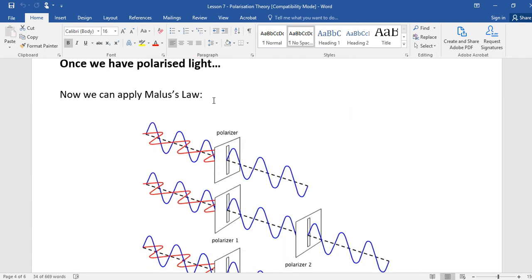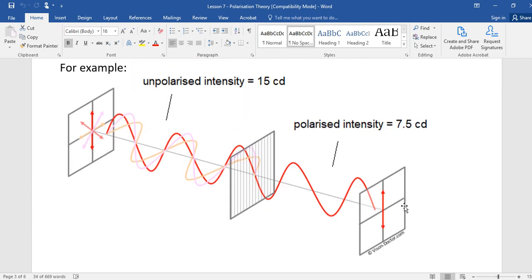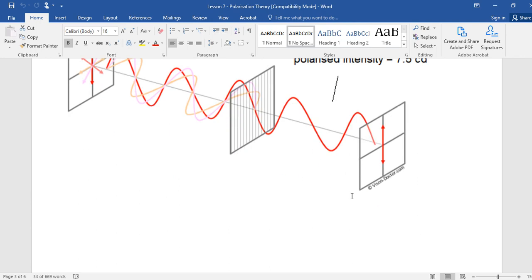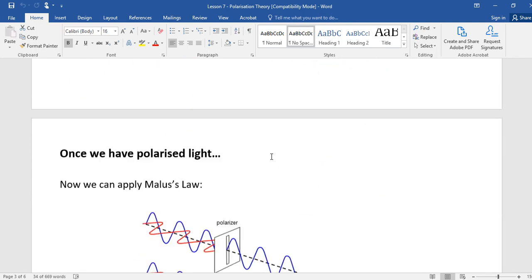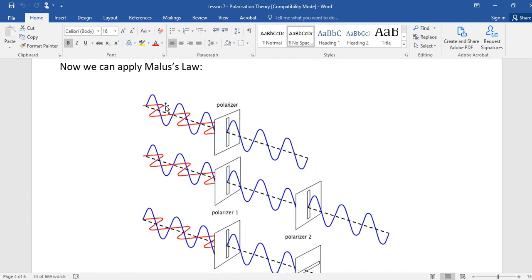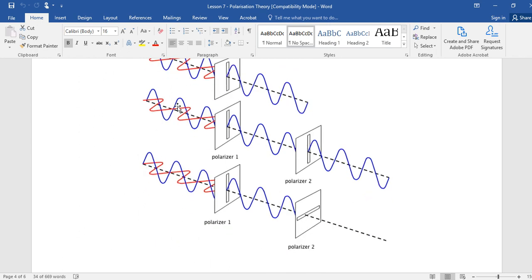But now we've got this polarized light. Now we can put that through a second filter, and this is Malus's law. So here we've got the unpolarized light going through the first polarizer. We've got polarized light. Then we've got this same polarized light going through the second polarizing filter, polarizer 2 here, and being transmitted.